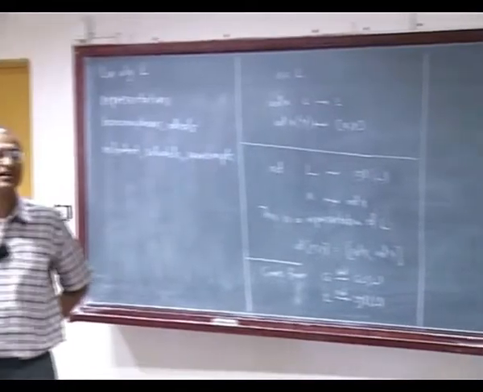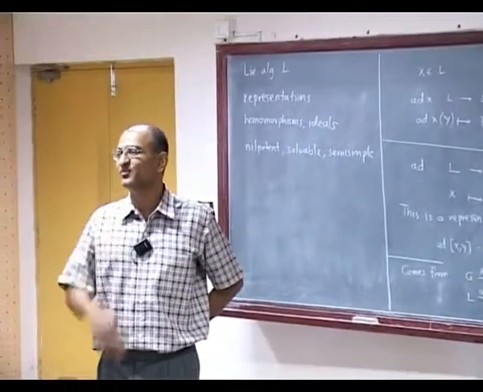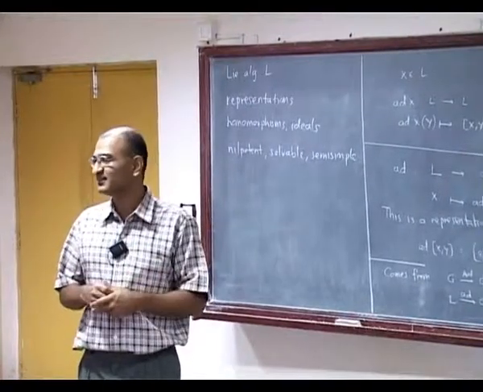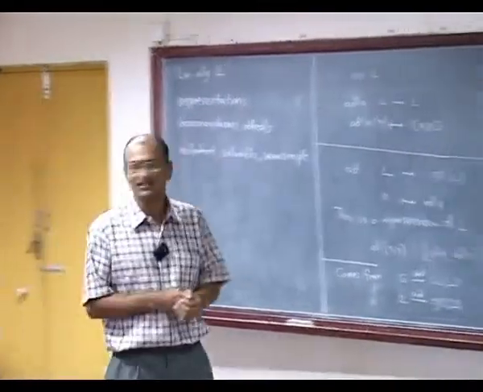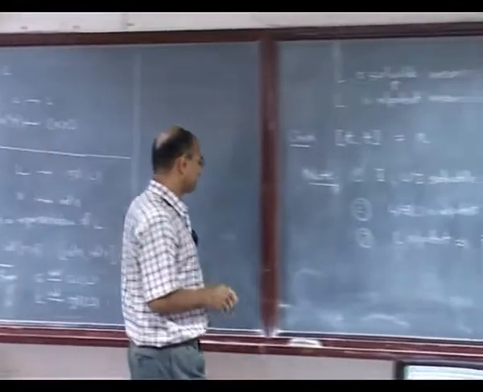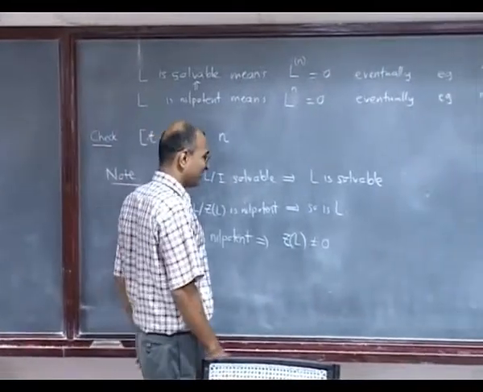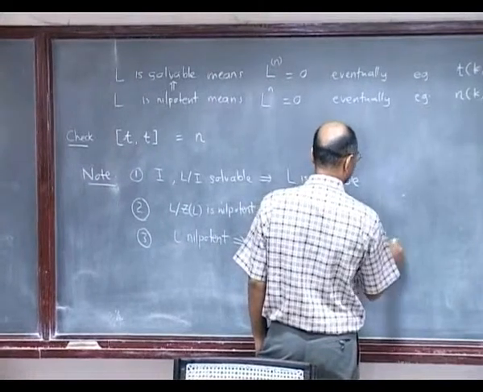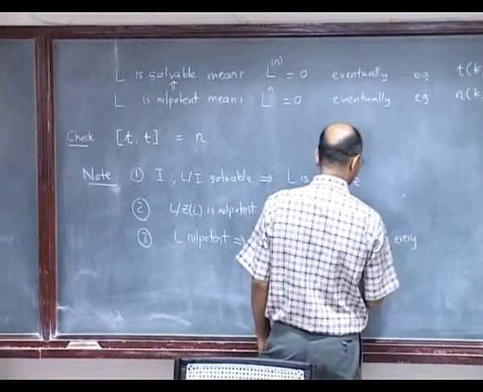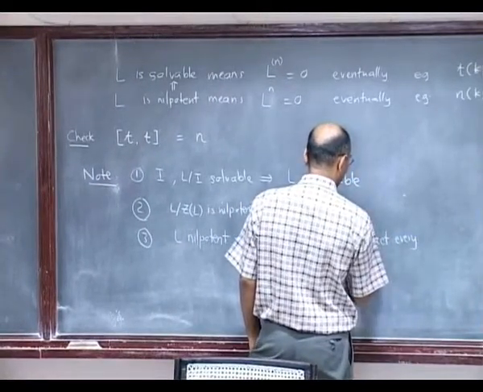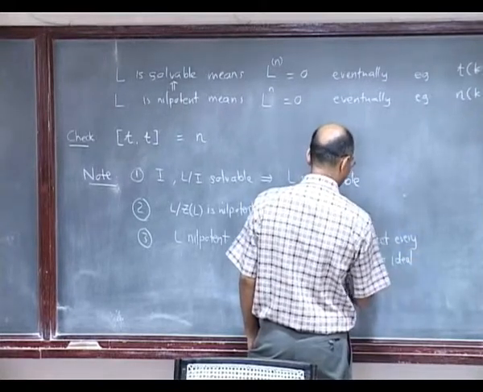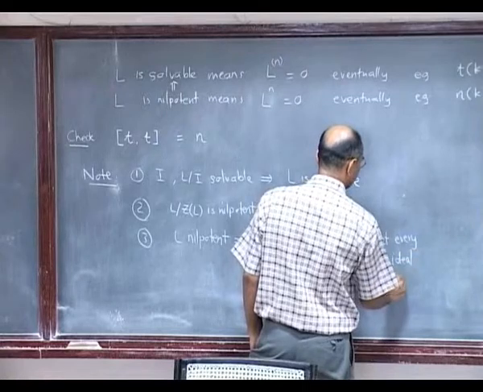Where you get 0, if you just look at the step before that, you will have something non-zero which when bracketed with L is 0. So that part is definitely in the center. But actually more is true. In fact, every non-zero ideal of L intersects the center non-trivially.